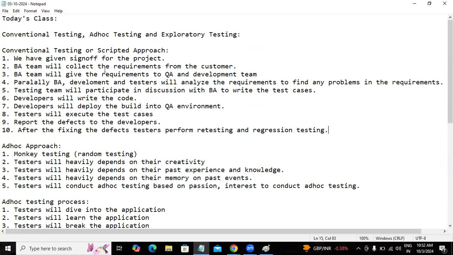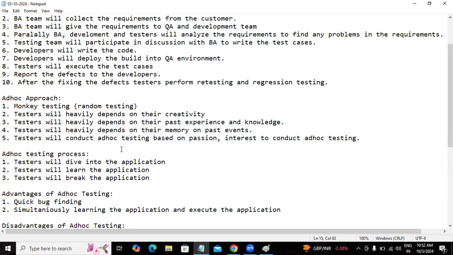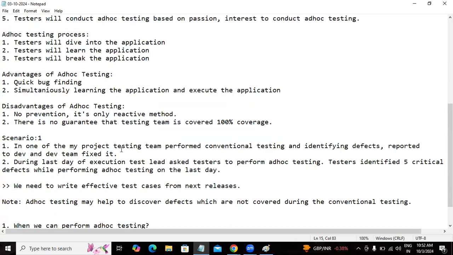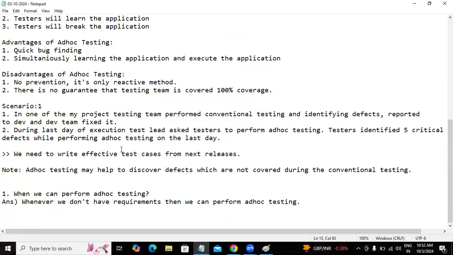Okay, guys, clear? Any questions? Sir, on Flipkart, how can we perform Adhoc testing? So for Flipkart, you need to understand the requirement first. Requirement is nothing but customer expectation. In Flipkart, you are ordering products, right?